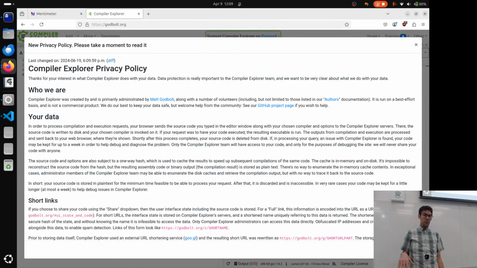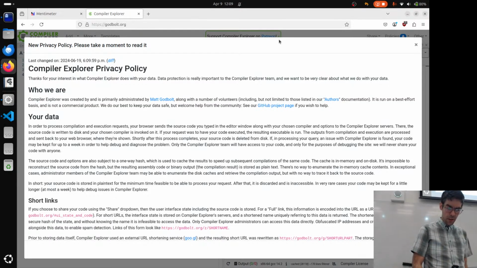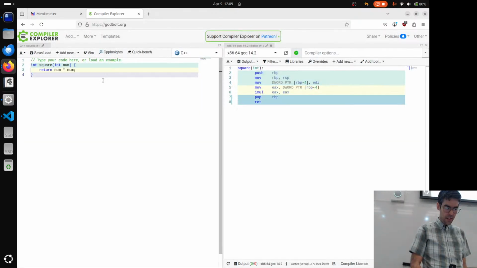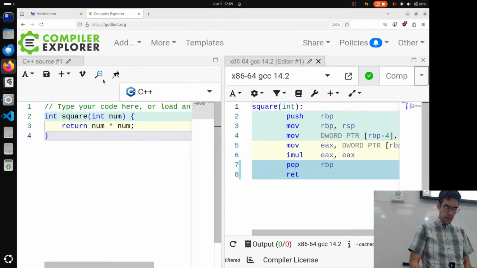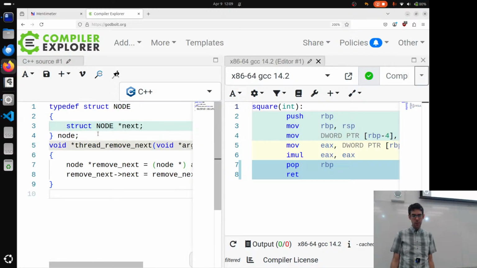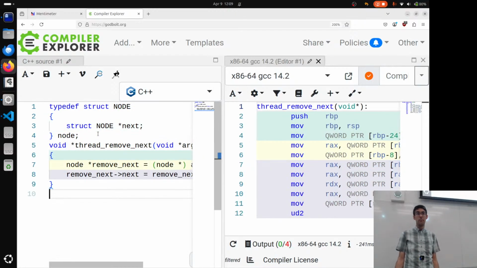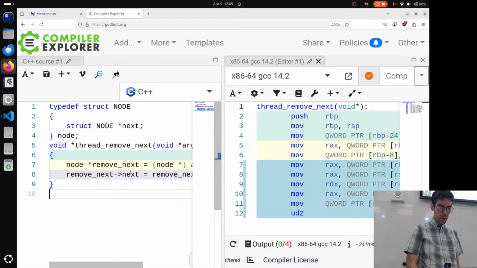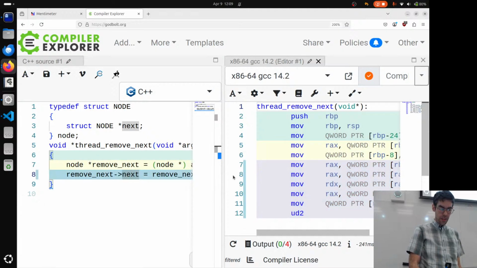His name is Matt Godbolt, I think. And the software is called Compiler Explorer. What it does is it will take C code and generate assembly language output using compilers. It also does cool stuff, like it will show you this line maps over to this segment.